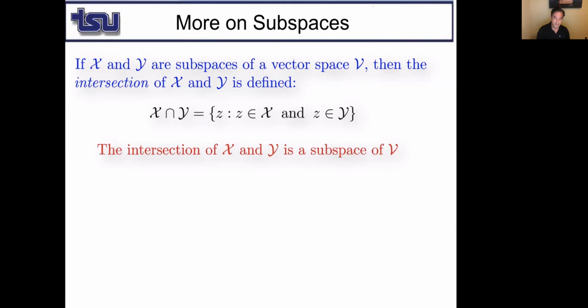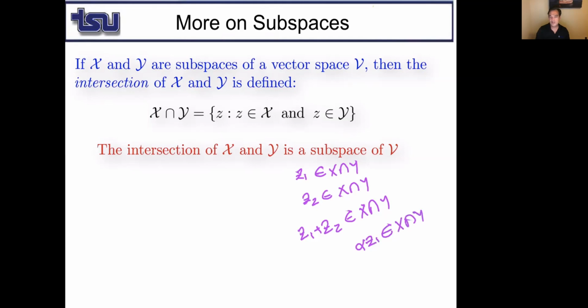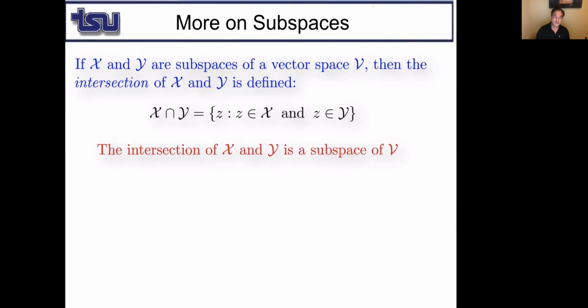For example, if we take Z1, which is in this, and we take another point in the intersection, if we add them up, obviously the sum must also be in the intersection. So therefore, X intersection Y is a subspace. Similarly, if you multiply Z1 by a scalar, it is supposed to be in the intersection as well. So it's closed with respect to addition and closed with respect to scalar multiplication.